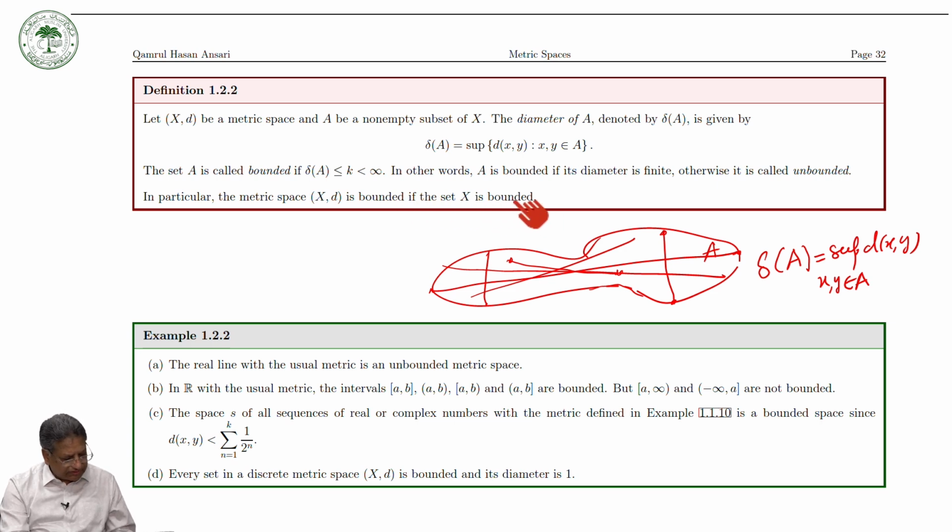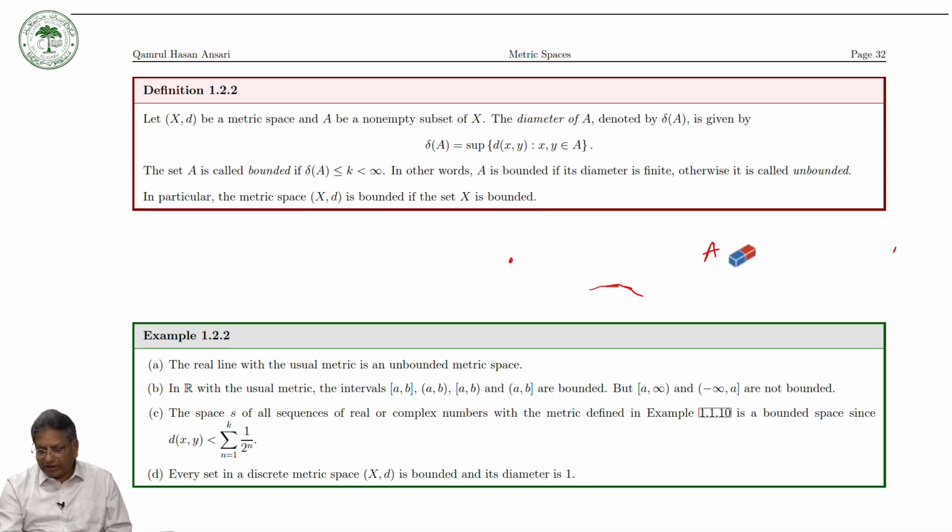Now, we have several examples of a bounded set. For example, the real line with the usual metric is an unbounded metric space.